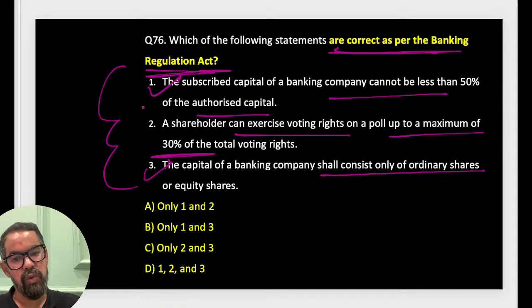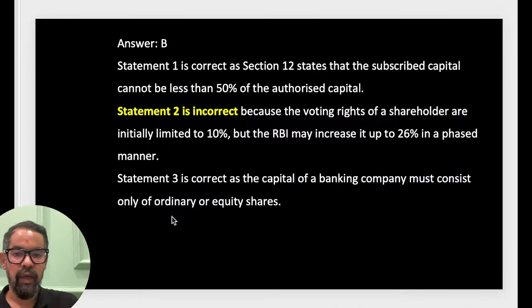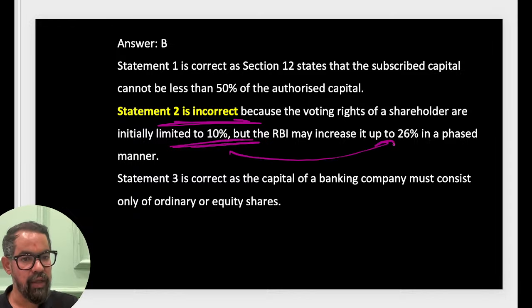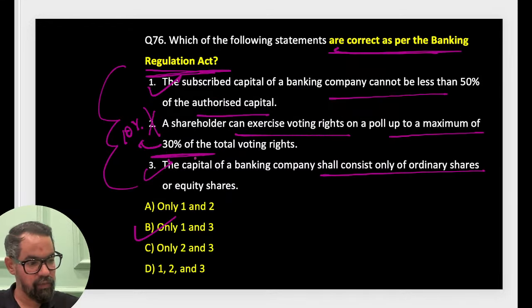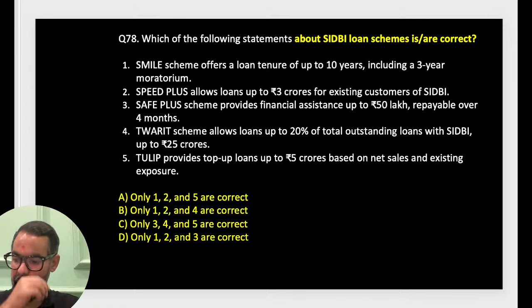First and 3 are true. This is wrong because it is only 10%. So 1 and 3 means option B will be right. Option B should be the right answer. Why are people mentioning A? So option B. This is 10%. RBI may increase this particular one to 26%, but in no case is it 30%. Okay, everyone. Chalo, next one.